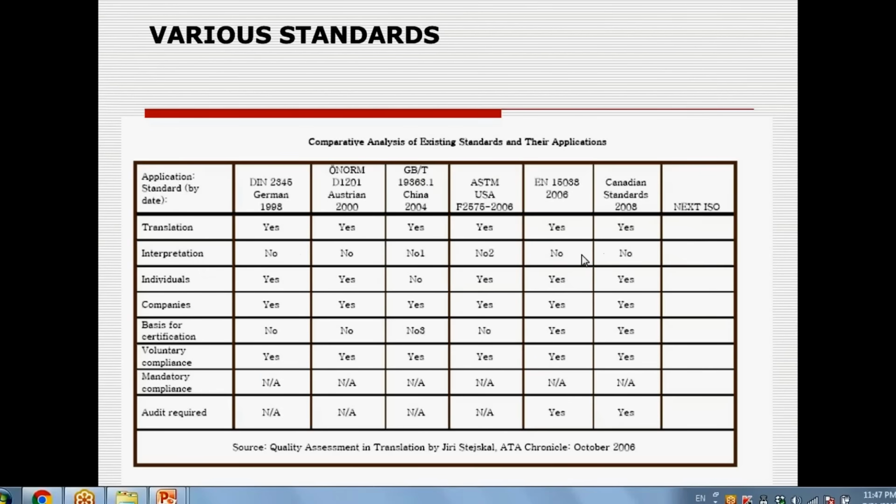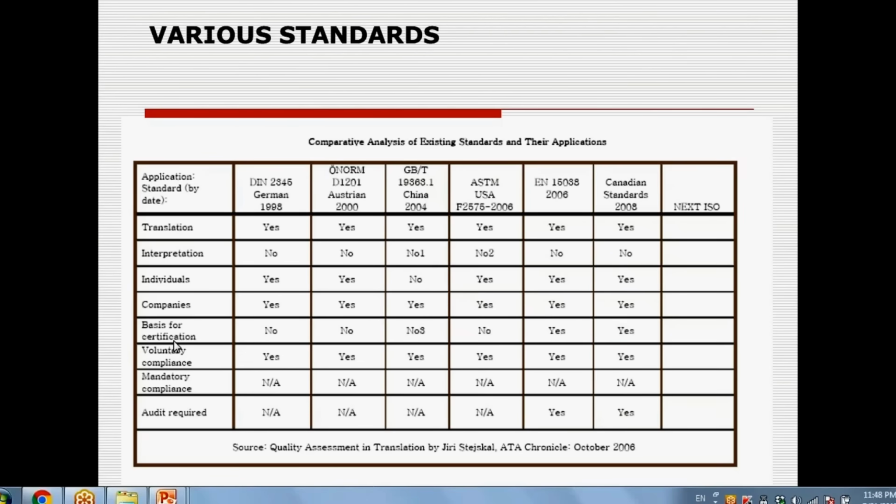Interpretation, none of them are applicable. Individuals: DIN, yes; Austrian, yes; Chinese, no; ASTM, yes; European Union, yes; Canadian standard, yes. Companies applies to all. So the Chinese standard does not apply to individuals, it applies to companies only.